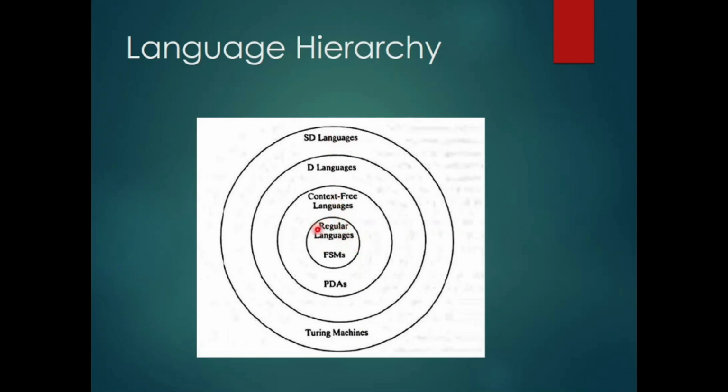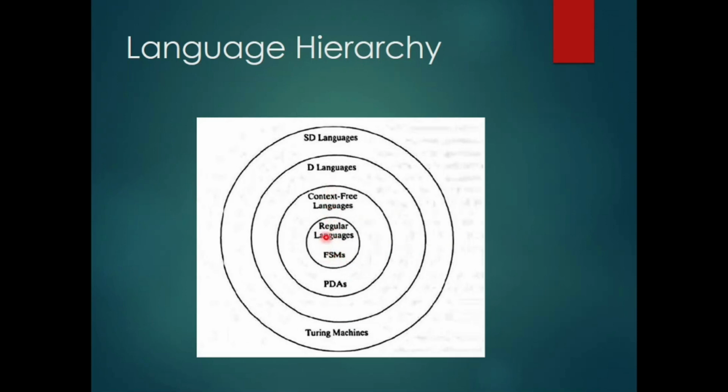The innermost, smallest level, the simplest language, is regular languages, and the solution to which can be built by using FSM, which stands for finite state machines. There are languages to which I cannot have a solution using FSMs, and these are called context free languages, which come as a higher level.